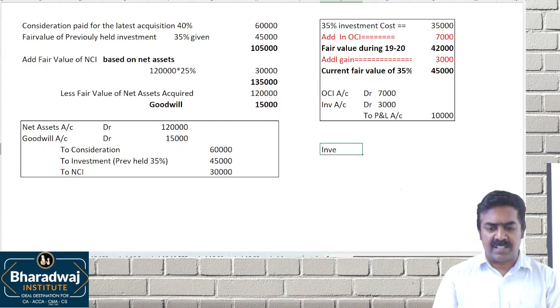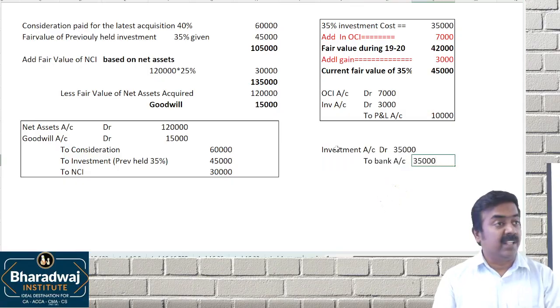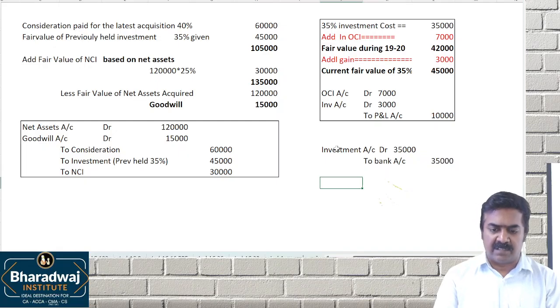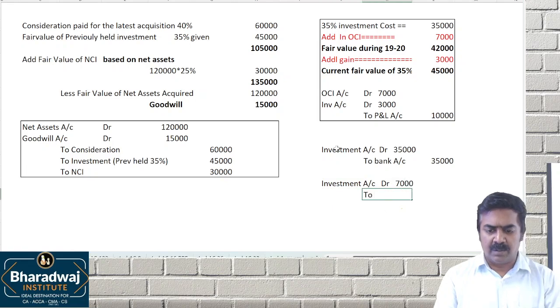For example, while investing the money, investment account debit 35,000 to bank they would have passed. This is already passed when the investment was made. Then that change in fair value which we recognized in OCI: investment account debit, how much? 7,000, to which one? OCI. Already they would have recorded what? 7,000. That is this OCI.